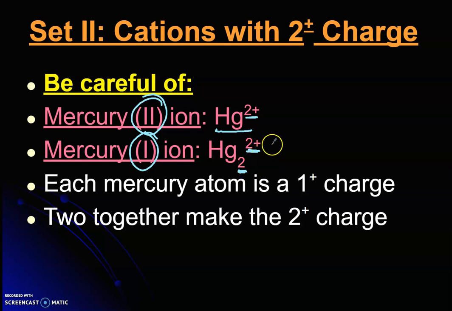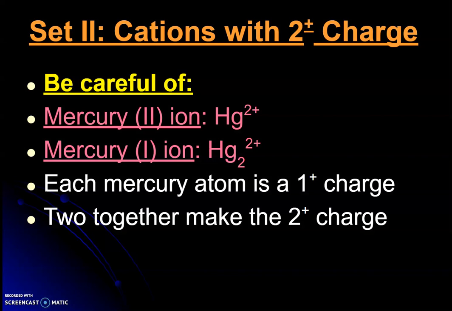So if you were to divide out the charge by the number of mercury, each mercury is a 1 plus, which is why it is called a mercury 1 ion. The 1 has 2 of them adding up to a 2 plus, whereas mercury 2 is just the 2 plus. So be careful with those as well.